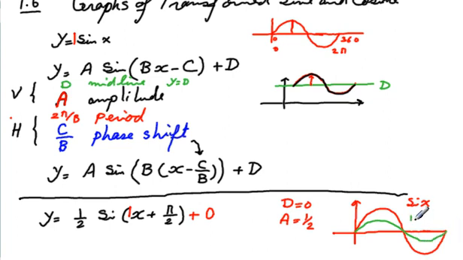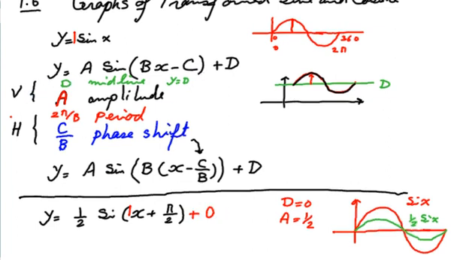So this is 1/2 sine of x. So I'm done with these vertical translations. We were lucky that one of them wasn't there for us to worry about.